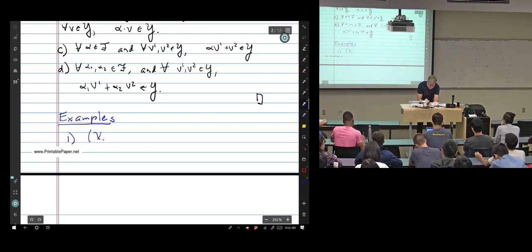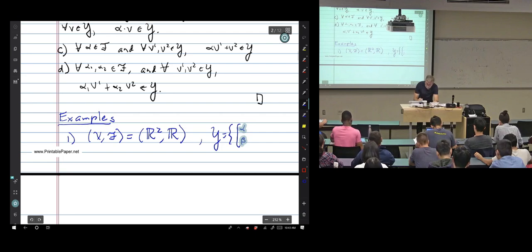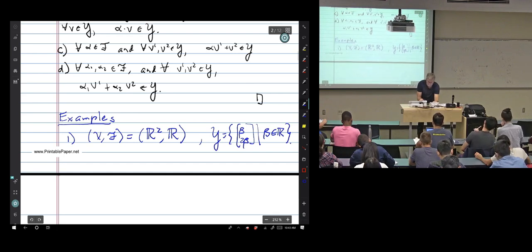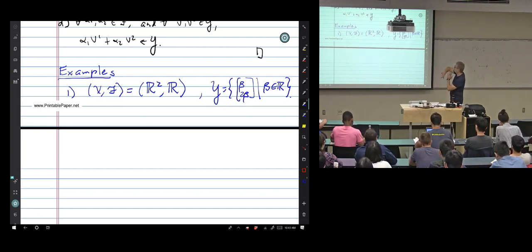Example 1. X, F is equal to R2 and R. Y is everything that looks like beta, 2 beta, and you'll see why I want to do this, beta in R. So just want to go through once, checking the conditions.